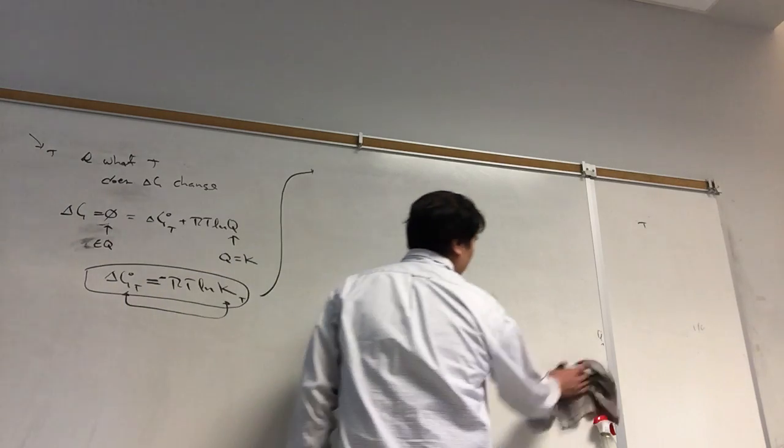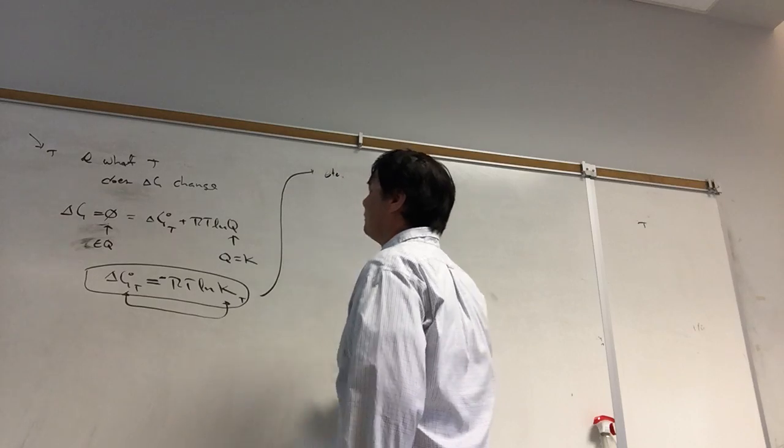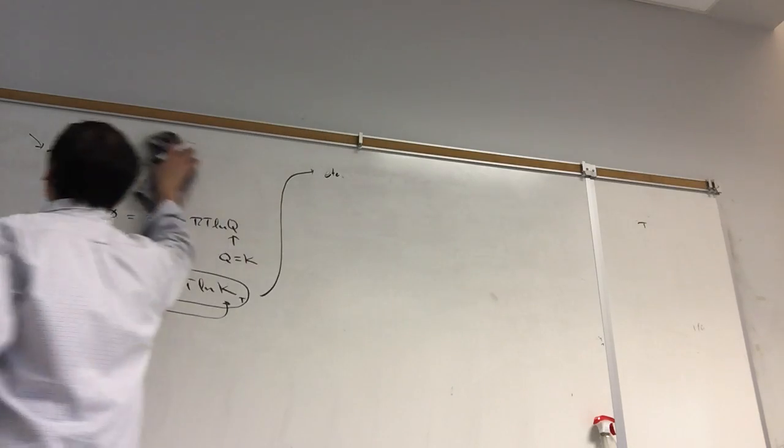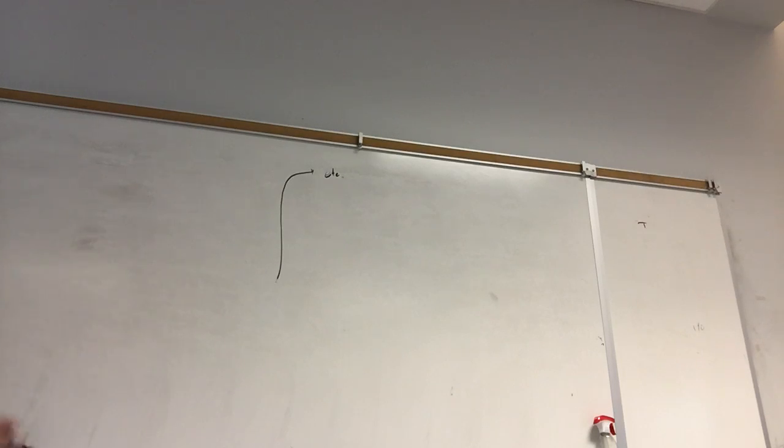Let me back up, and we'll do some sample calculations from the start here. I was skipping some of these sample calculations, but one example is this: H2O liquid goes to H2O gas. Okay, what we can do is we can change the driving force.